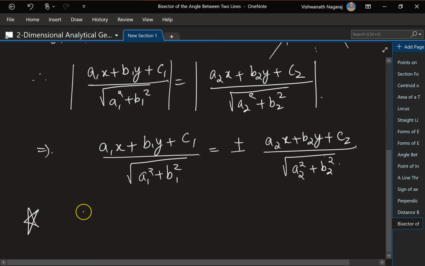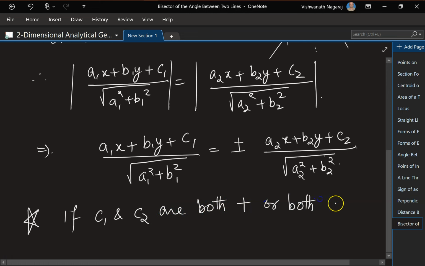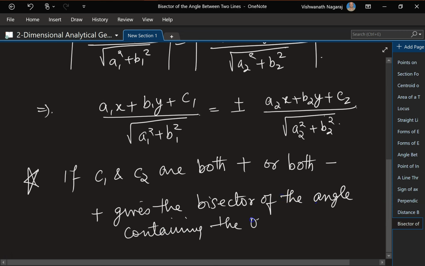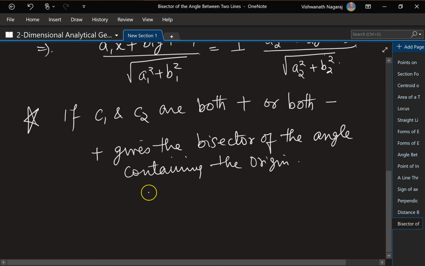Points to remember. If C1 and C2 are both positive or both negative, then positive gives the bisector of the angle containing the origin, or a better way of looking at it, the bisector of the acute angle.